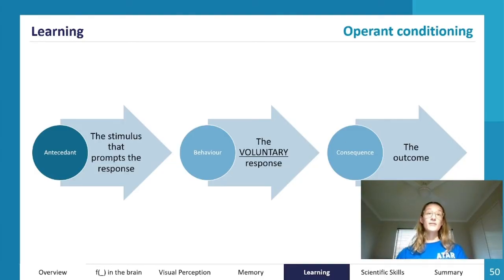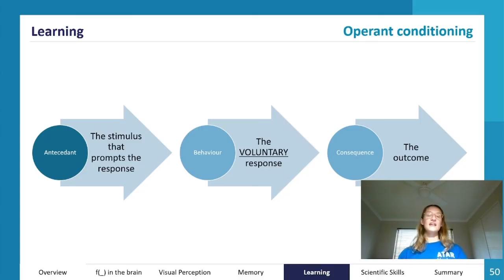So an operant, which is where the name operant conditioning comes from, is a response that occurs without a stimulus. So our operant is just our behavior, our voluntary behavior, like what I was saying before. So it's controlled by the person or potentially animal performing the operant, the behavior.